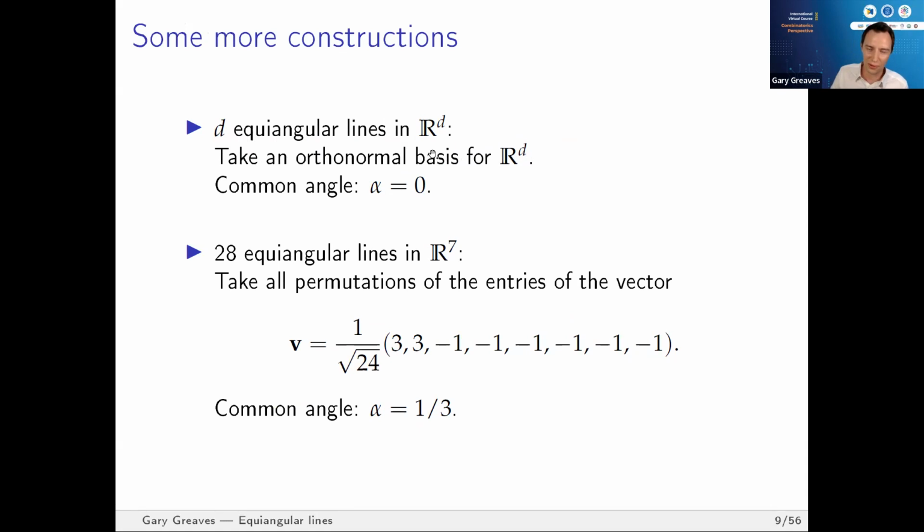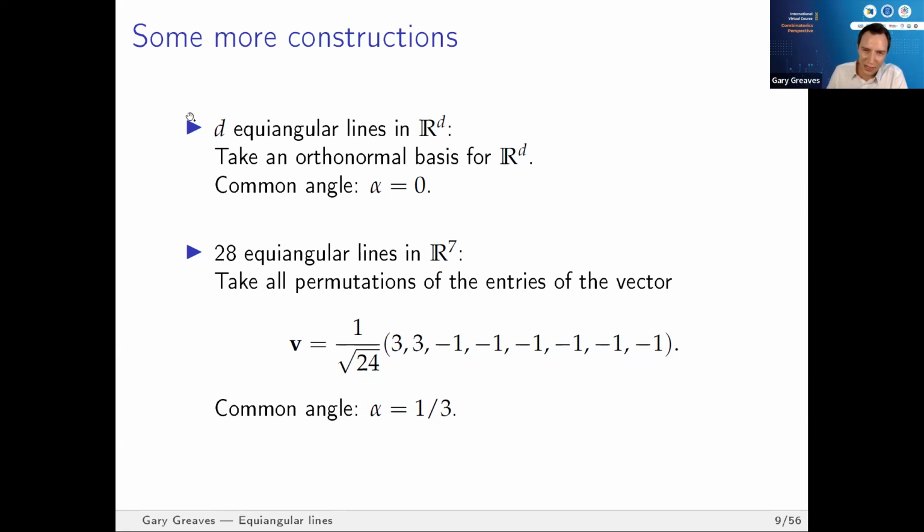Any orthonormal basis you like, and these will be unit vectors, and the inner product between any pair of vectors in your orthonormal basis will give you 0. Therefore the absolute value of the inner product between any pair of vectors is a constant, it's just 0.